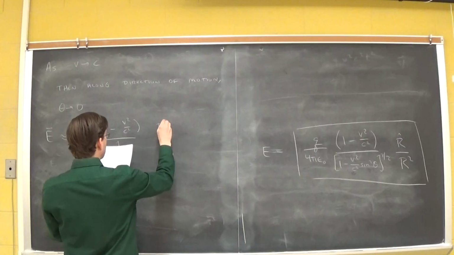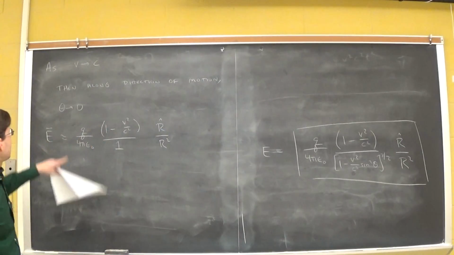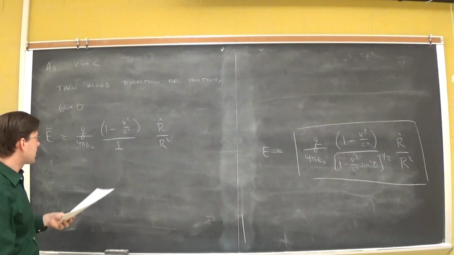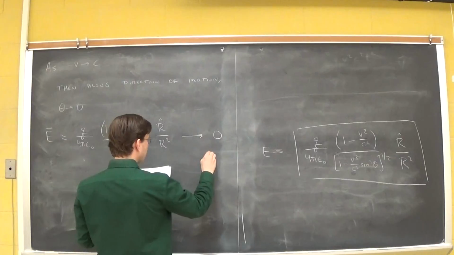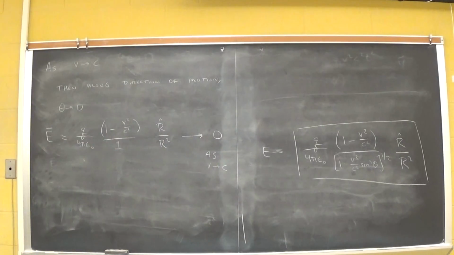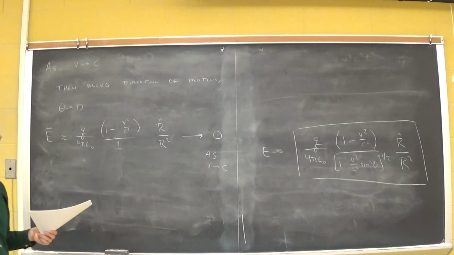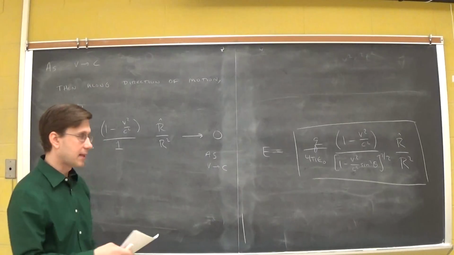And then we have an r hat over r squared. And if v is going towards c, then this numerator is going towards 0, and this whole thing goes to 0 as v goes to c. So along the direction of motion, as you're getting close to the speed of light, you have a suppression of the electric field.